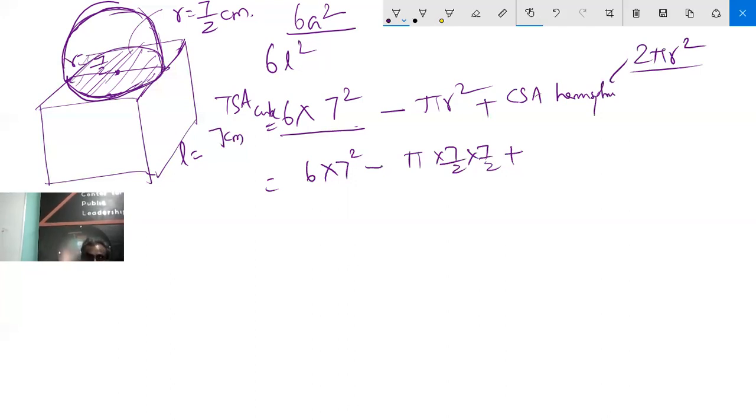So you can write plus 2 pi r squared and minus pi r squared. So 2 pi r squared minus pi r squared is equal to plus pi r squared. That's all.